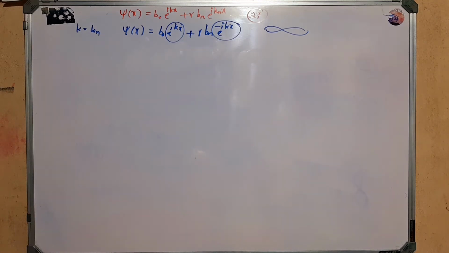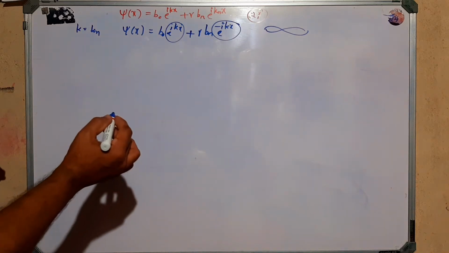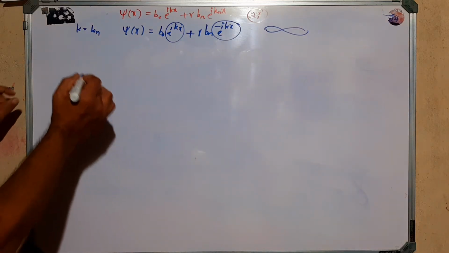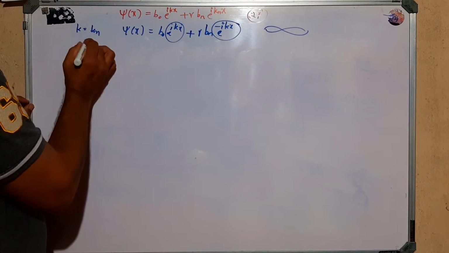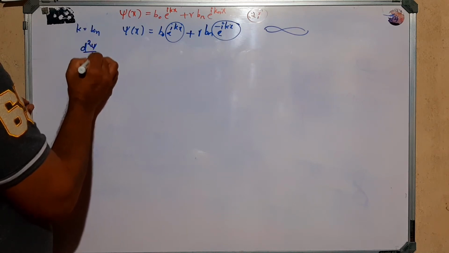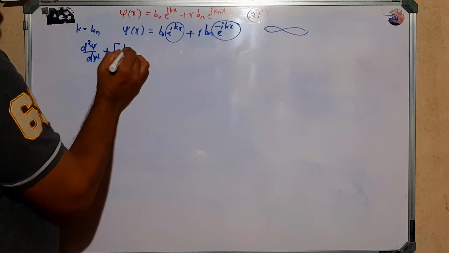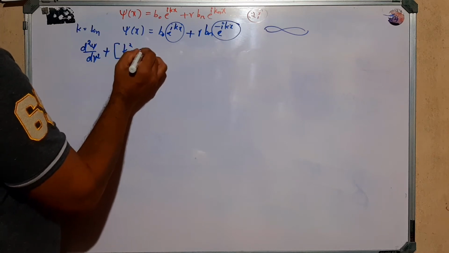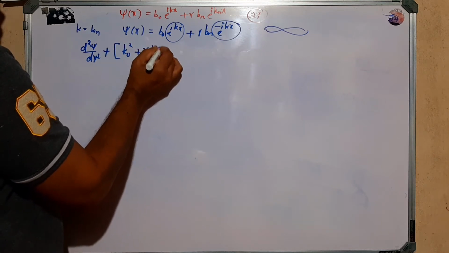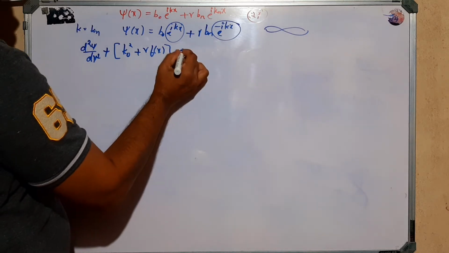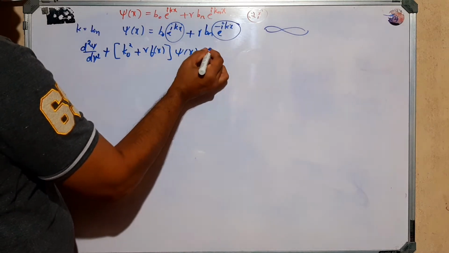Now you have to consider Schrodinger's wave equation, d²ξ/dx² plus k₀² plus γ f(x) into ξ(x) is equal to 0.